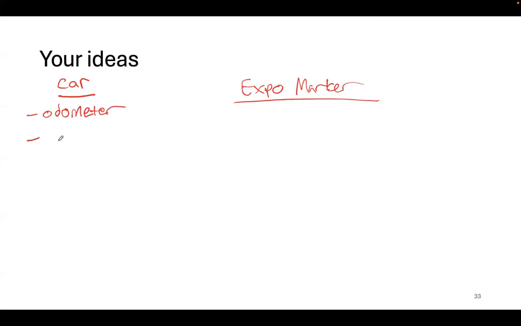I'm just going to briefly go over the stuff that I liked from what you did. So let's think of the car example, and then I'll do the expo marker. The idea with the car is, let's say our fields are the odometer, the gas amount, and maybe the mileage.